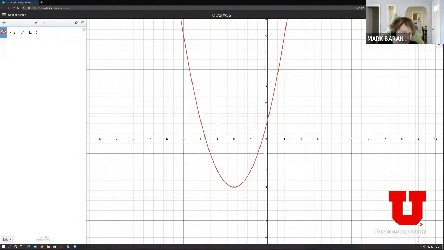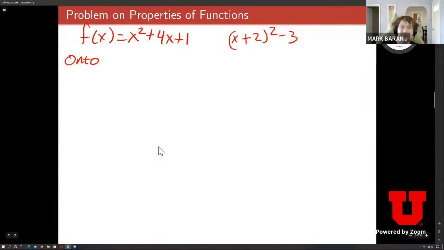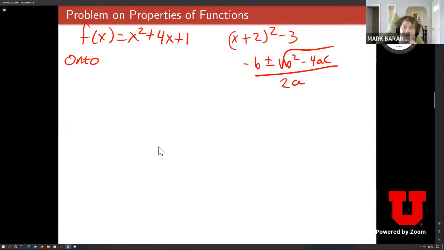So I'm going to use the quadratic formula here. Negative b plus or minus square root of b squared minus 4ac all over 2a. And so let's say that we want to solve this for negative 4.